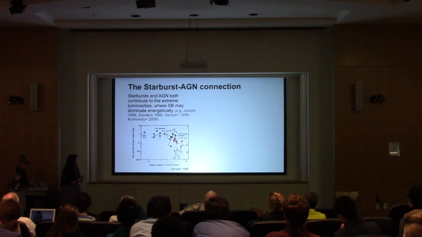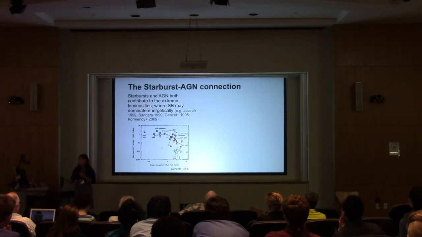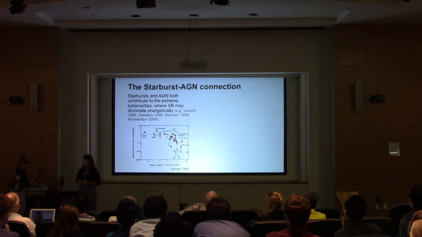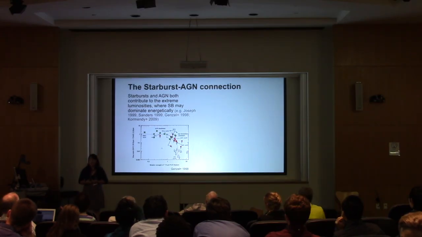The starburst-AGN connection is a term that we've thrown around for the last couple of decades at least, and it's been a debate. I think it started as a monster versus babies debate, where the AGN and starburst, the stellar nurseries, are competing to contribute to the extreme luminosities we see in these galaxies.